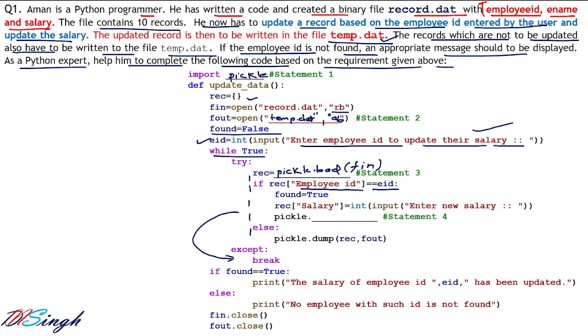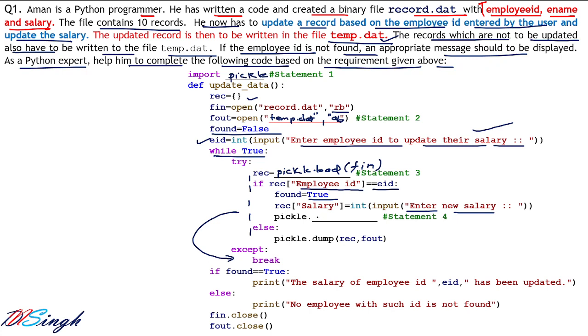So after comparison, if that matches, found will become true, and the salary of that particular record is updated. We have taken an input function, or from the user we have asked what salary you want for that particular employee id, and then we are going to dump it back.